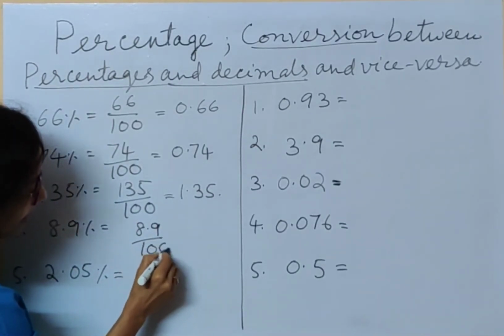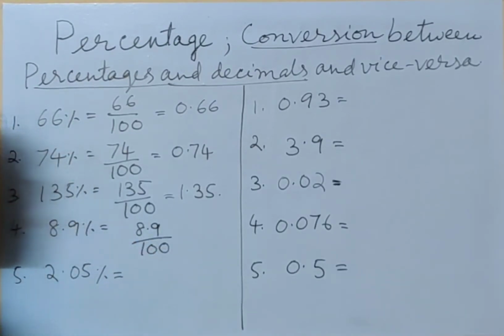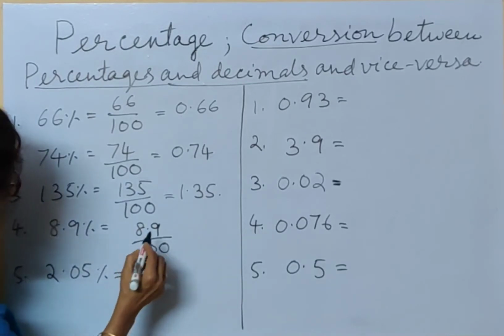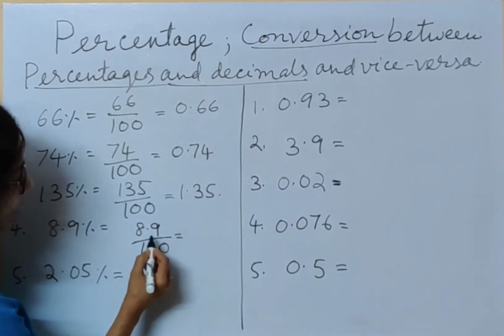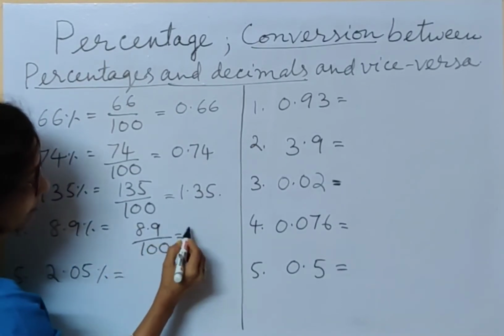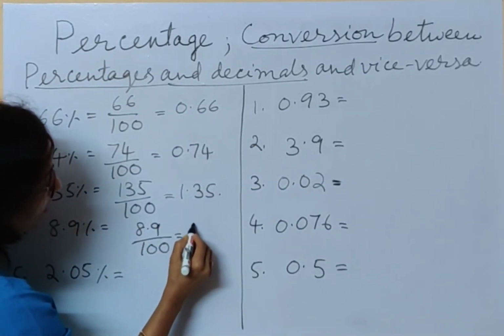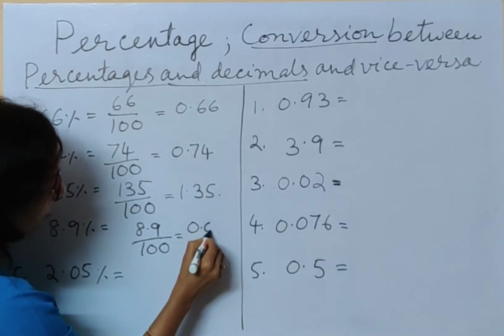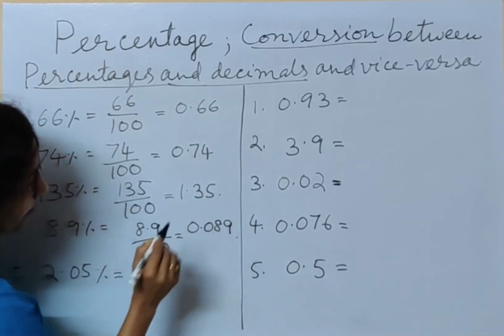Now next 8.9%. 8.9 by 100. Now this decimal point will move 2 places to the left. So it will be 0.089.